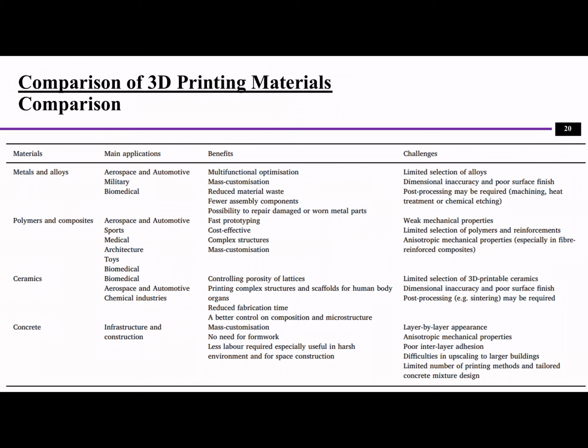And this is a comparison table of all these materials that are commonly used in 3D printing: metal, polymers, ceramics, and concrete. You can see the different applications, the benefits, and also the challenges in the comparison table. Look into this table and compare.